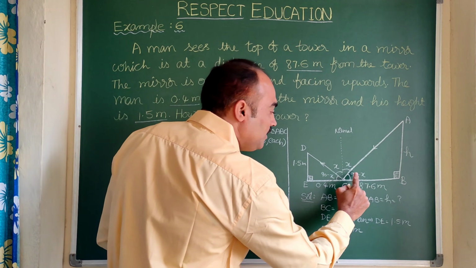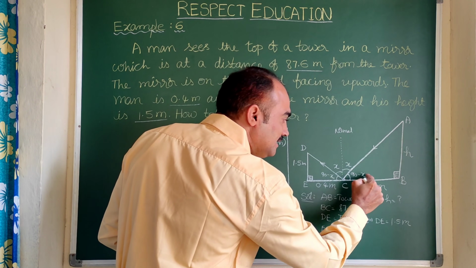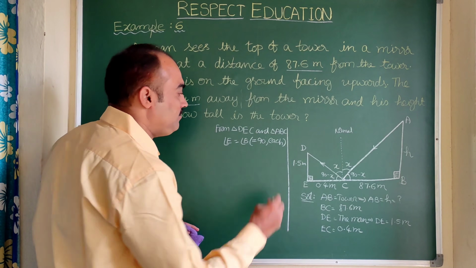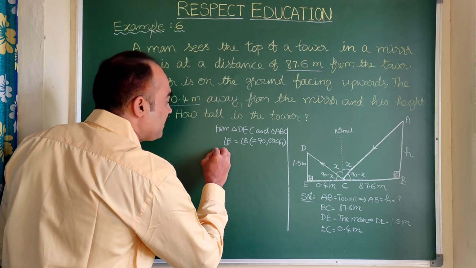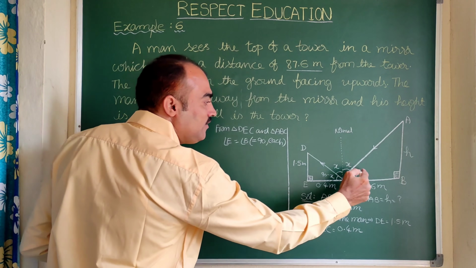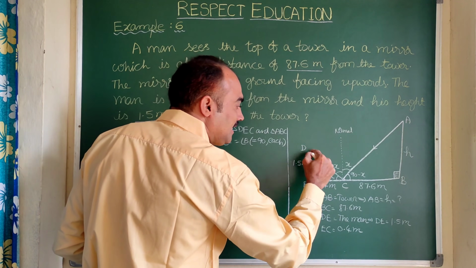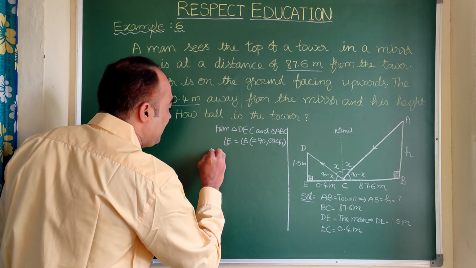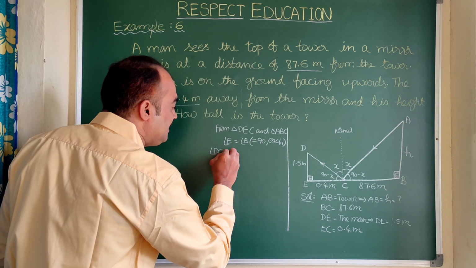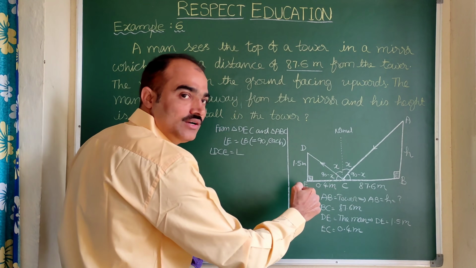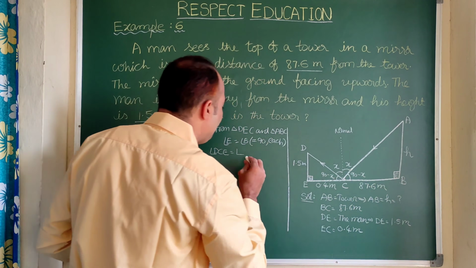Now you observe, in triangle ABC, this angle C is equal to, in triangle DEC, this angle C. That means we can say angle C is equal to angle C. To not get confused, I am writing this angle C as angle DCE. Angle DCE is equal to angle ACB.